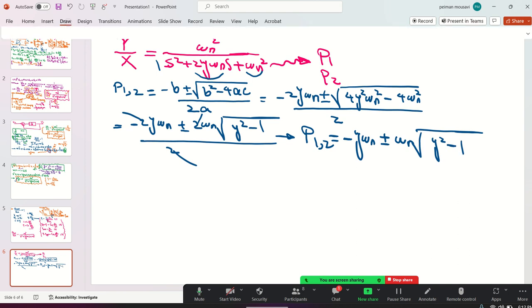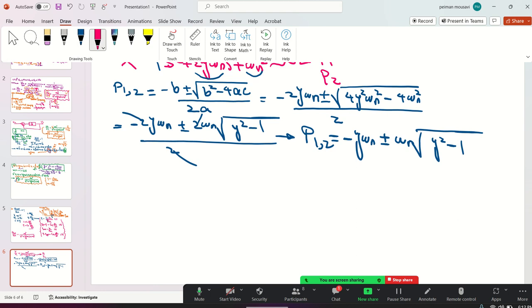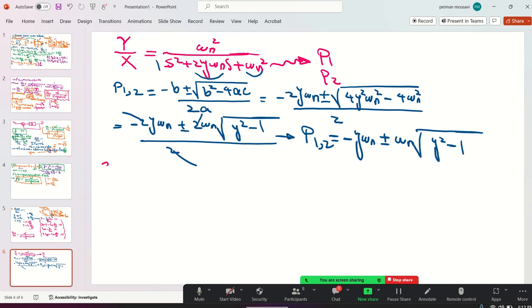Having that, we're going to analyze in the complex plane. We have three scenarios. First scenario: if the damping ratio is smaller than 1, it means your car tire damper is very weak. We name this in vibration and control an underdamped system. The damping of your car tire is not enough, so after passing a bump you're going to feel vibration a lot.